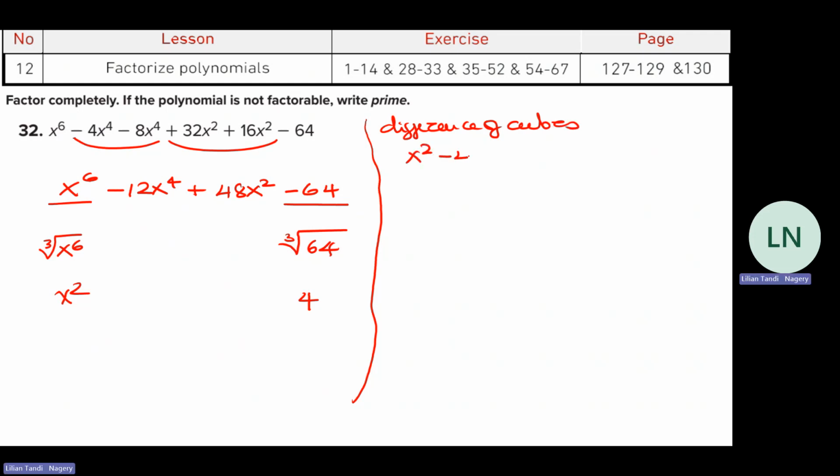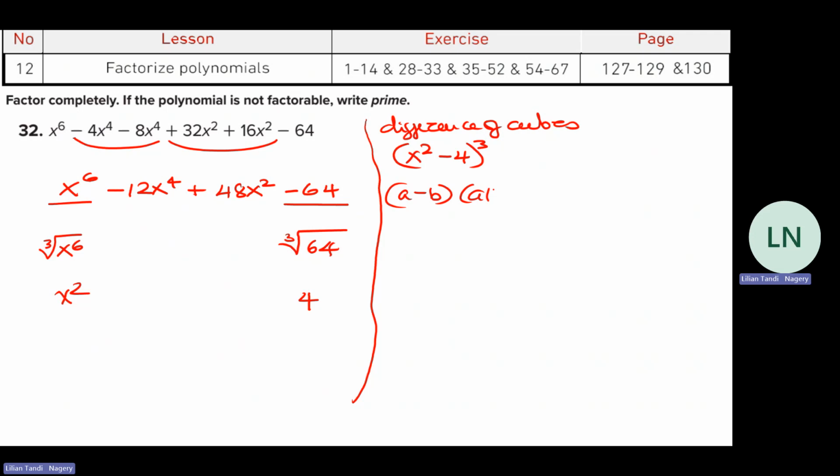X squared minus 4, cubed. Okay? Now, difference of cubes says what? A minus b, a squared. These are all perfect cubes. They're also perfect squares.